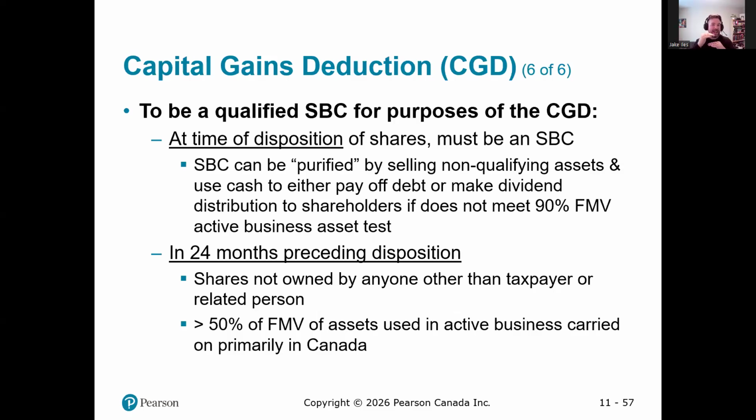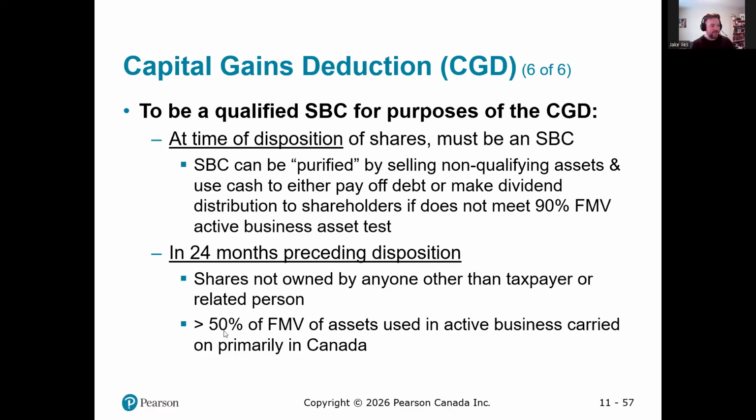My assets are now back to over 90% for active business. And then I need to hold that position for 2 years and make sure shares are not owned by anyone other than taxpayers. So I have to hang on to those shares for 2 years.